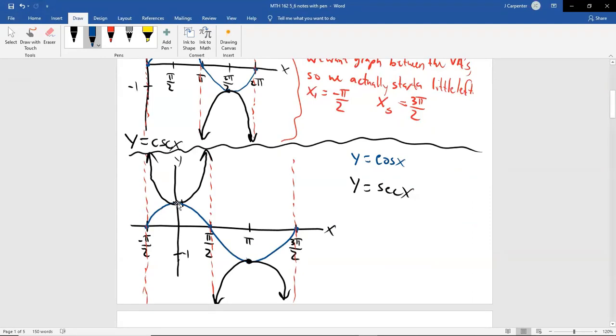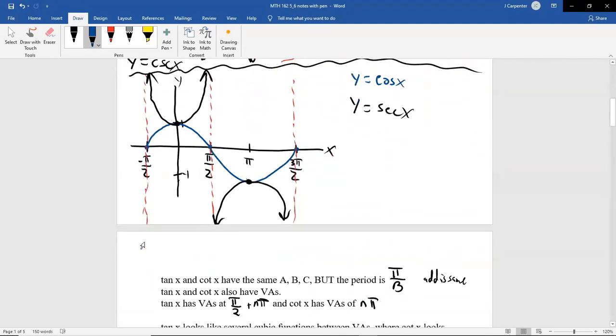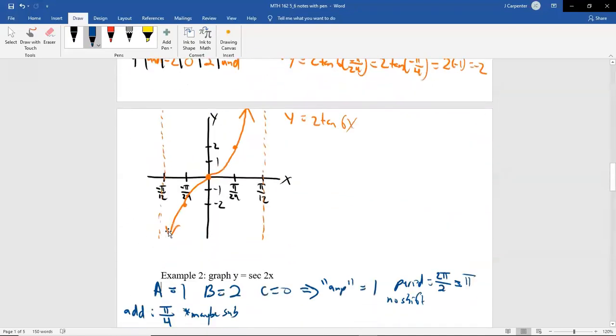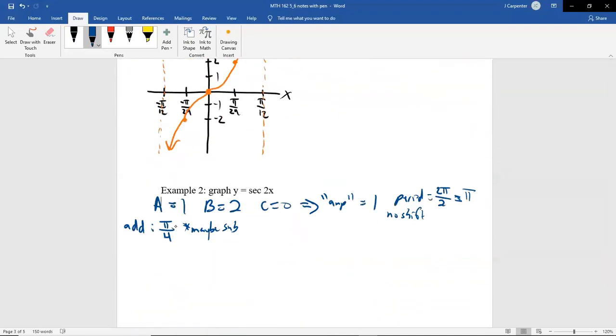But you don't just start it at negative pi over 2. You're going to have that issue where you've got to add and subtract the pi over 4. So that number is not going to just be negative pi over 2. This pi over 4 dictates it. So I say maybe subtract, but you are definitely subtracting for this problem.